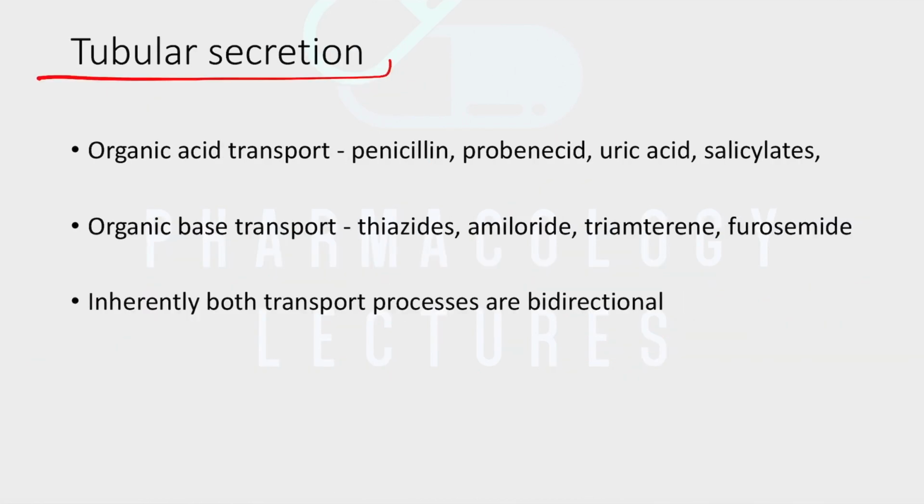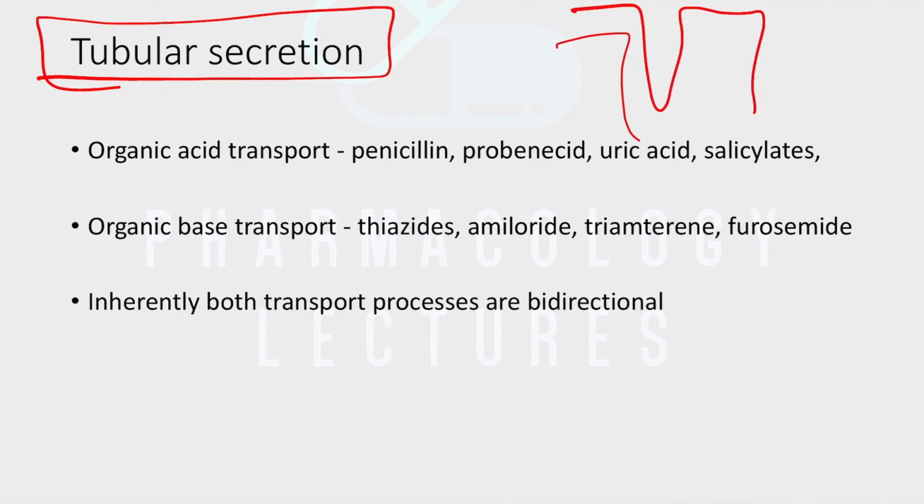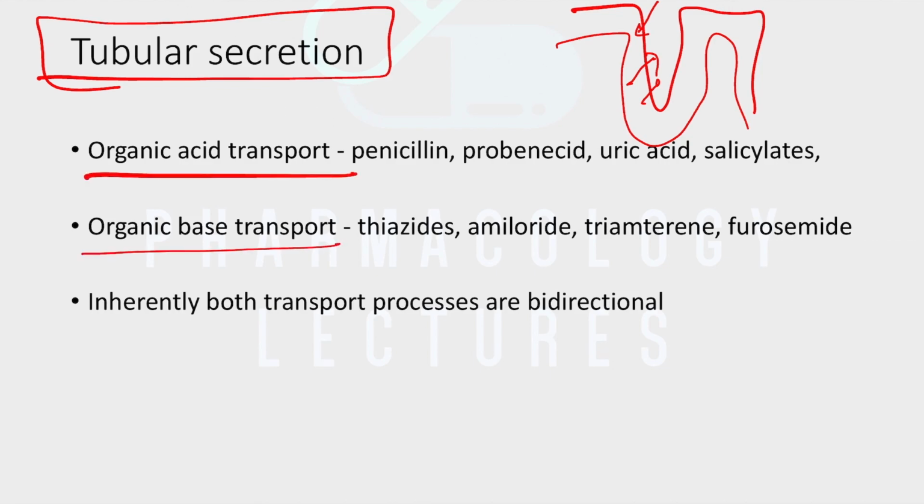And the third important thing is tubular secretion. We have seen that in the tubules two processes are going on, tubular reabsorption as well as tubular secretion. Secretion means these drugs or molecules or ions get secreted into the tubules, and this secretion occurs through different transporters or pumps.